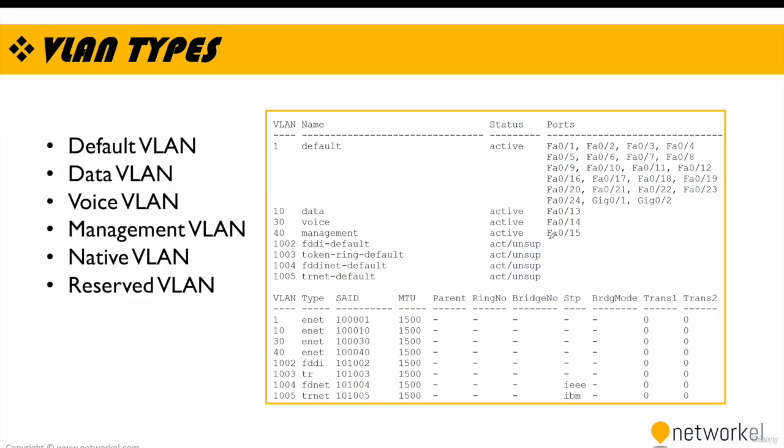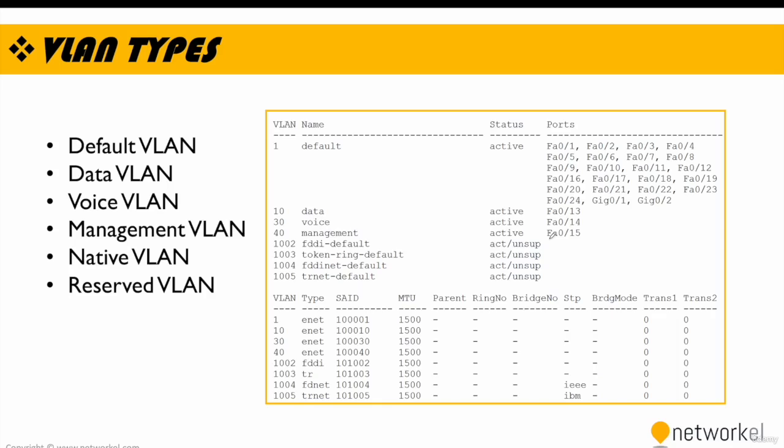The second one is the data VLAN. That is the normal VLAN where the client data goes through the local area network. The third type is the voice VLAN, which is configured to carry voice traffic.